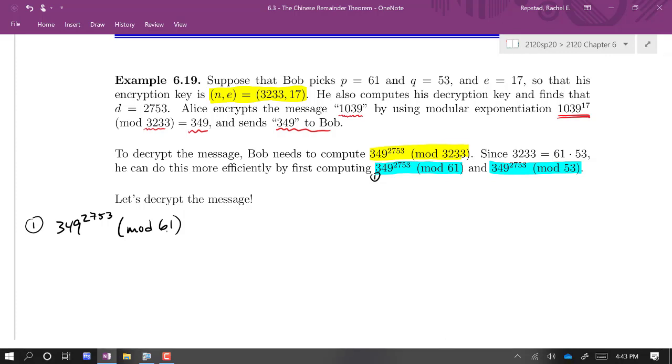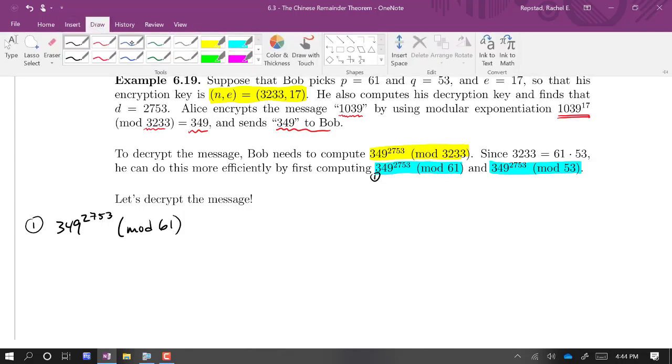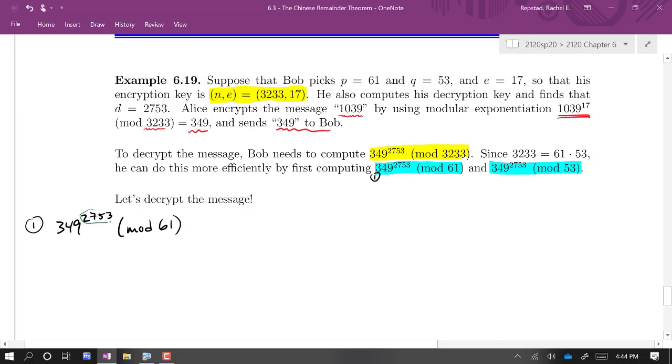Once we look at the individual ones, we're going to use Fermat's Little theorem. Fermat's Little theorem says we can reduce the power mod phi of p, so I can reduce this mod 60. And in any congruence equation, I can reduce the base mod p, so we're going to reduce this mod 61.